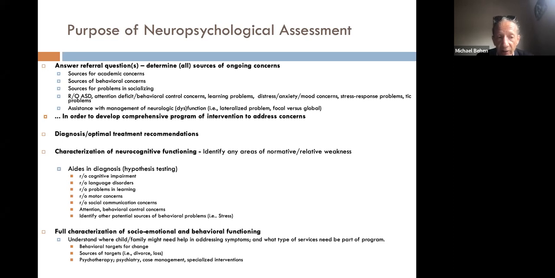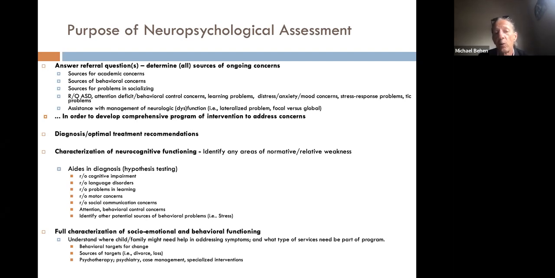It will also involve trying to understand any and all problems that are occurring in someone's life. In addition to understanding the sources of those, we want to know what are the problems. Are there problems with behavioral control, learning concerns? Is the person experiencing distress? So things like that. And then we identify those, and try to understand the reason.